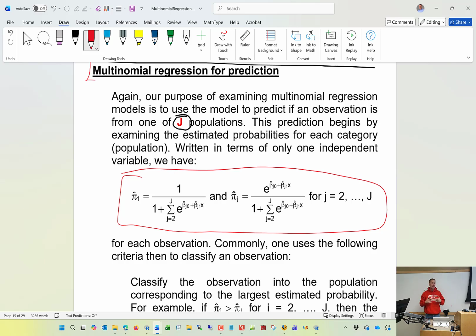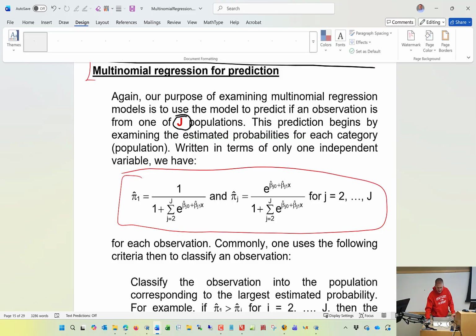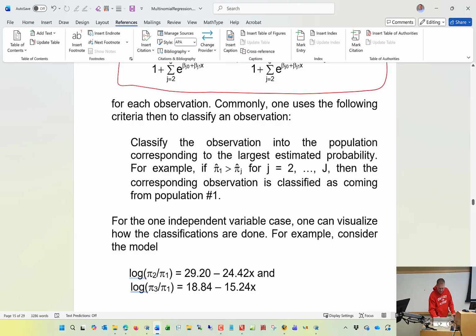And the pi hat that is the largest corresponds to our prediction for what category a particular observation would be in. That's it. So if, let's say, pi hat 1 was the largest of all the pi hats, then I would say that particular observation should be category 1.